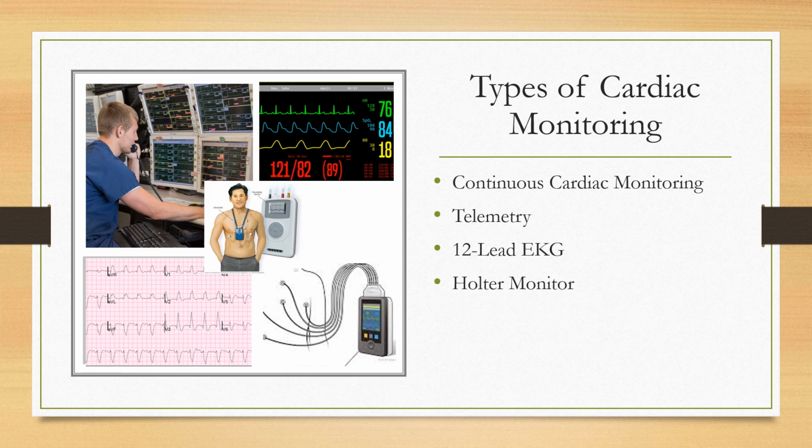There's actually a button on that device at the bottom right, where if someone has palpitations, or felt dizzy, or fainted, they can press a button so that the computer knows to really look at that area once they've returned the device, to see if there was some kind of arrhythmia during their symptoms.